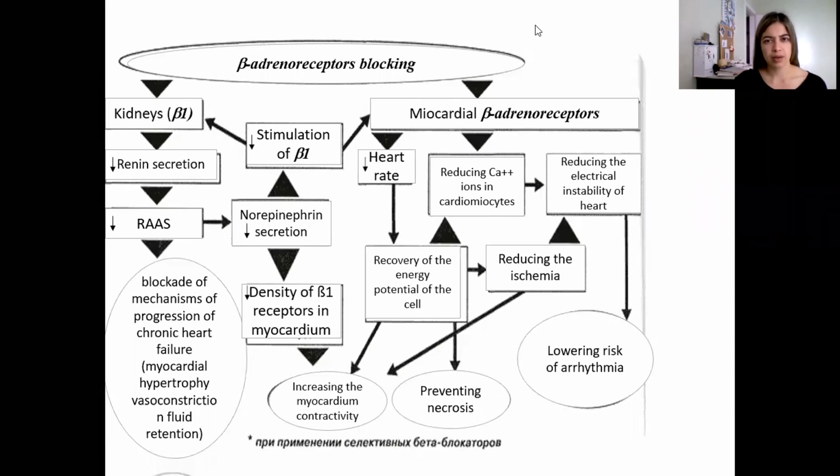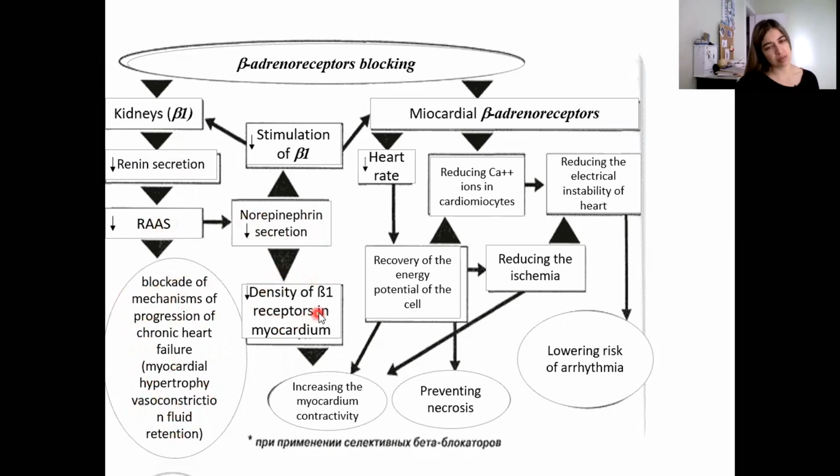The renin secretion will be reduced. That's why the renin-angiotensin-aldosterone system will also be reduced, which stops the norepinephrine secretion. Not stops, but doesn't help. And this all leads to decreasing the progression of chronic heart failure.